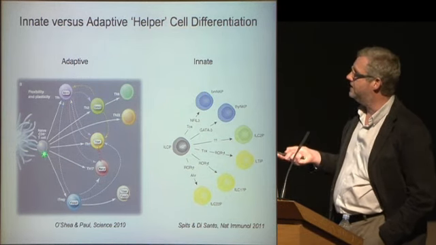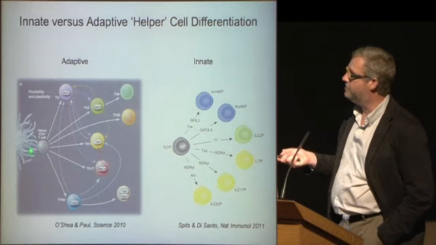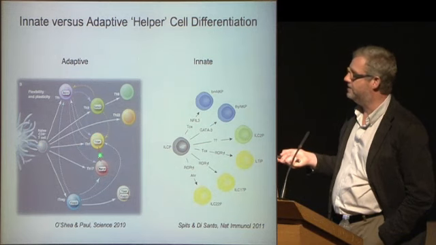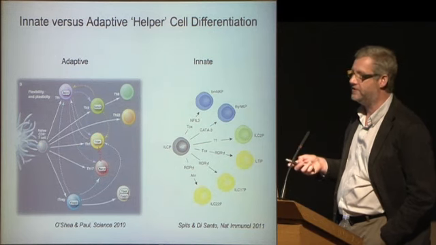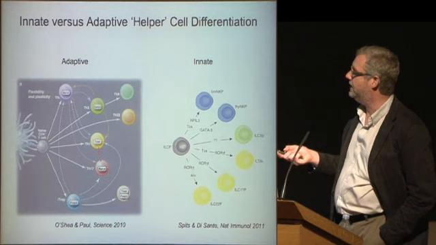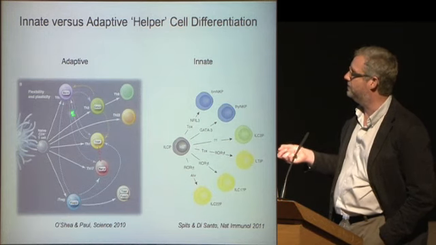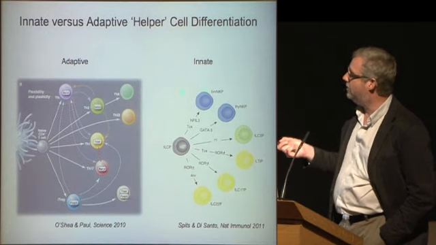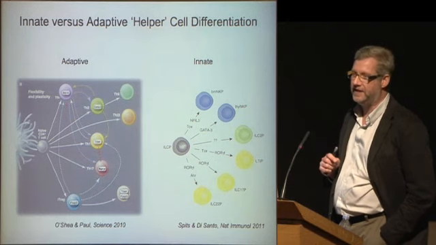The difference is that the cytokines that are involved with promoting the differentiation of these T helper subsets, including soluble factors like IL-6, IL-23, IL-12, etc. for Th1 cells, are not required for the differentiation of these innate cells.